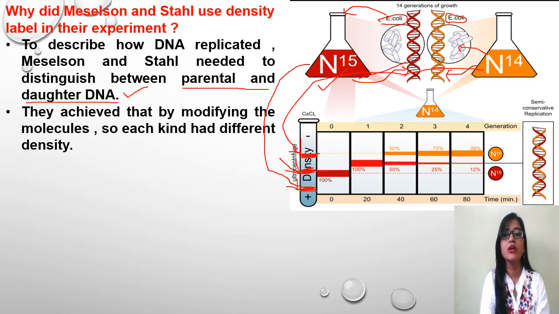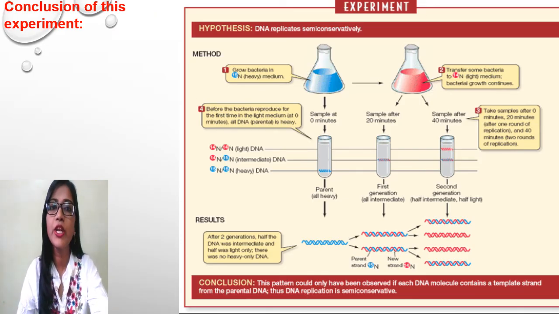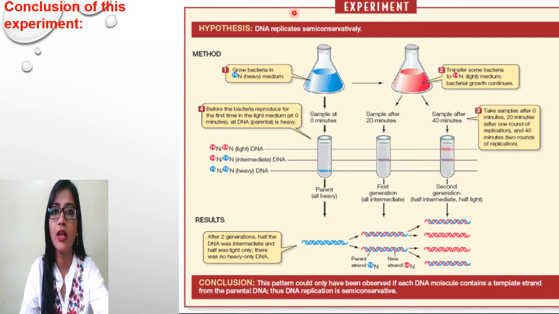So that was proved experimentally by Meselson and Stahl: by using the density gradient method, by using the density labeling N15 and N14, they were able to prove that DNA gets replicated by semi-conservative replication.